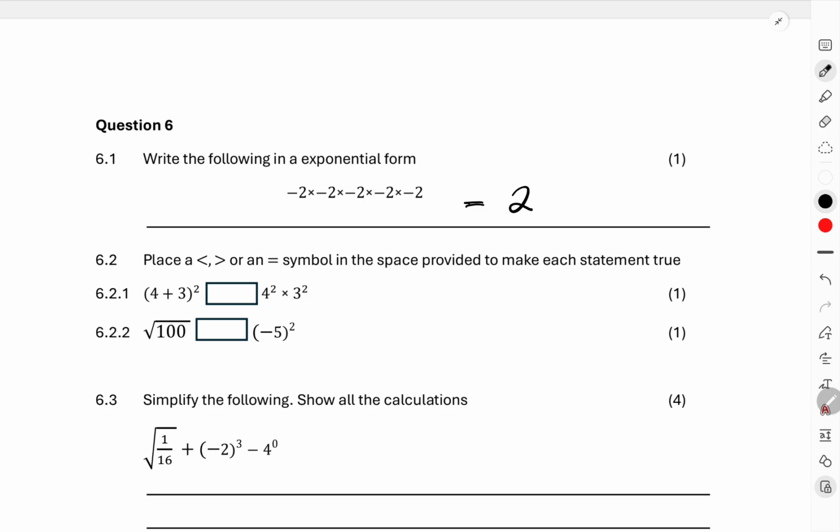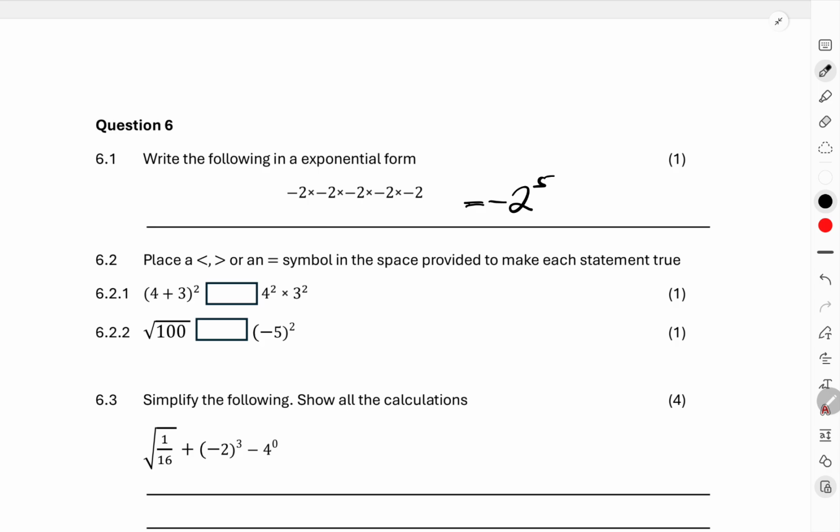When the bases are the same, we add the powers. There's an exponent of 1 there, 1, 2, 3, 4, 5, to the power of 5, right? But then a negative and a negative, 2 negatives, form a positive, the next 2 negatives form a positive, and the only negative will make a negative. Positive times positive is a positive, and there's a negative there. It means my final answer will become negative 2 to the power of 5, right?